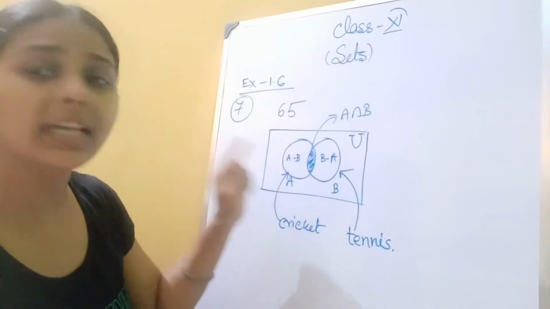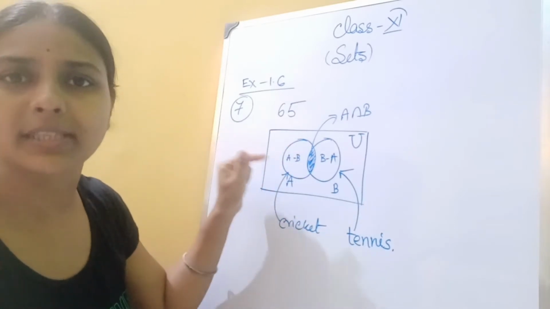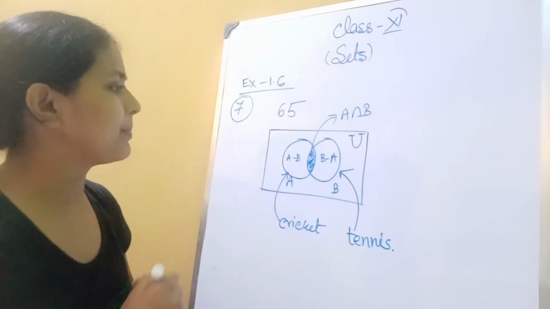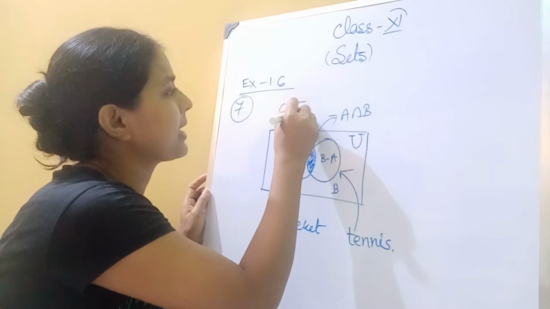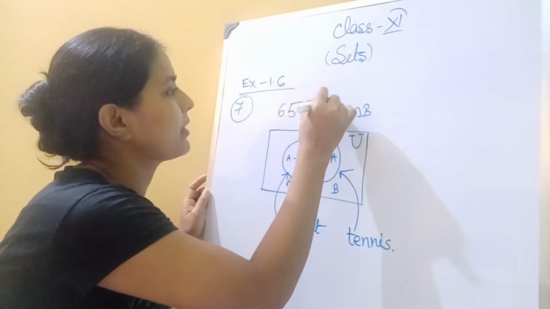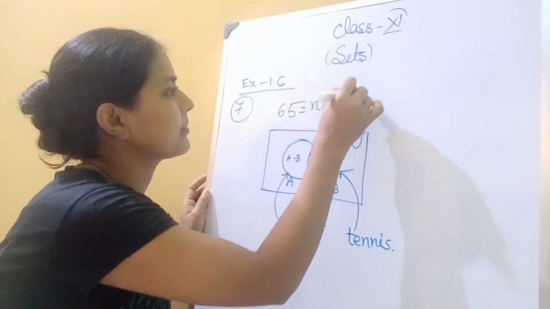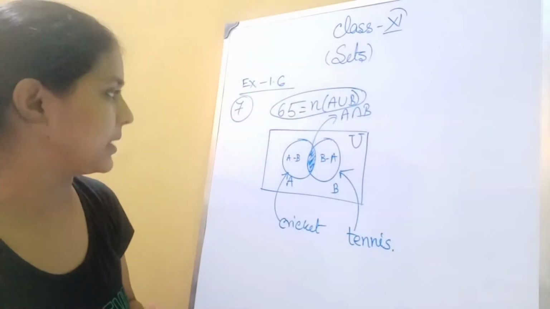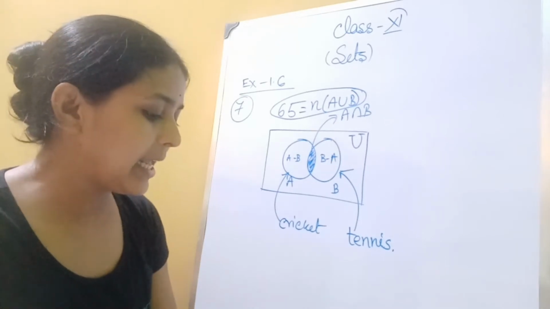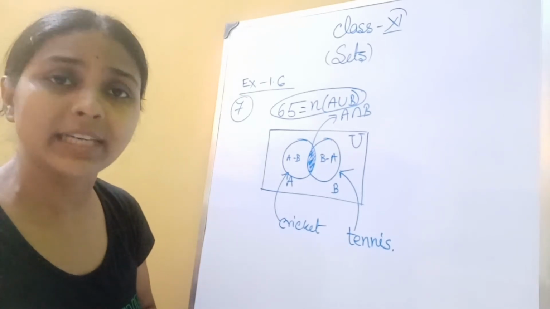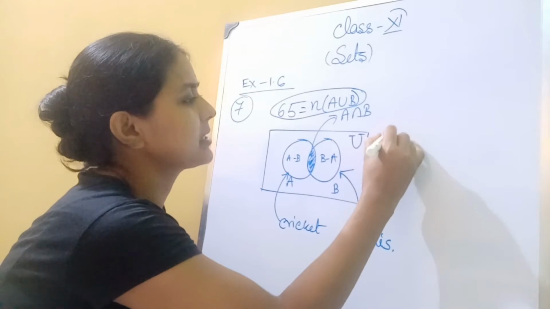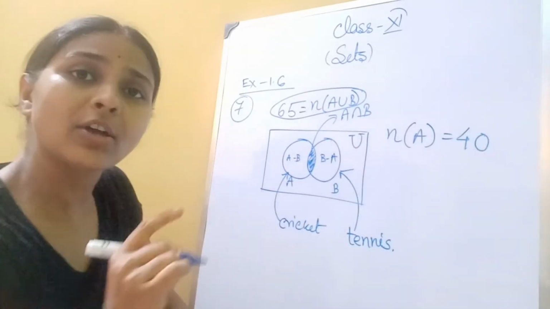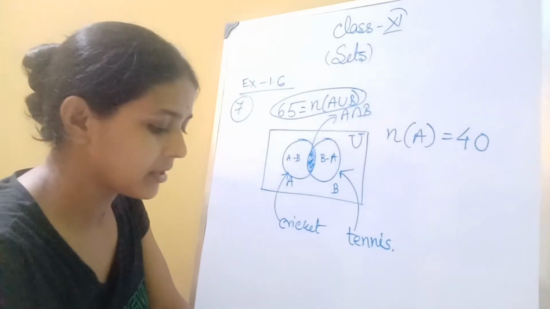Now here is the main concept. 65 people means n of A union B. Next, 40 like cricket, which means n of A is equal to 40.